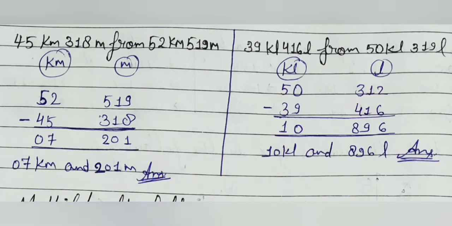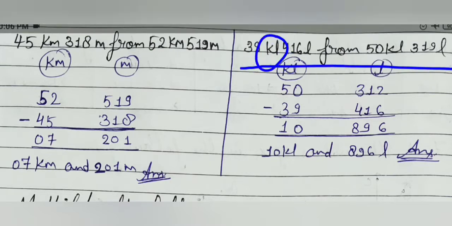Okay, in the last question we were talking about length, and before this one we were talking about weight, right? Now here we will talk about liquid. You can see the unit is given here in kiloliter and liter.